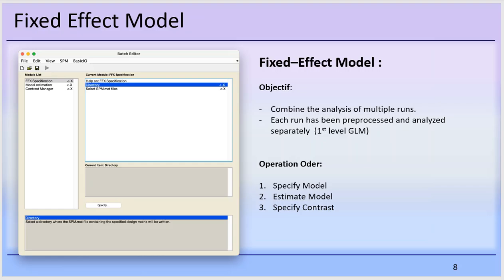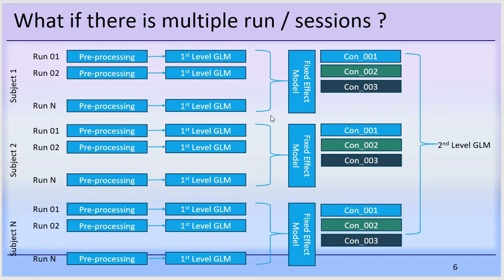So how to create the fixed effect model? Just before that, let's go back here. Until now you've learned to create one batch script. In general, you will have 3 batch scripts. One of them you've already learned, and you're going to use that for the different runs of each subject.